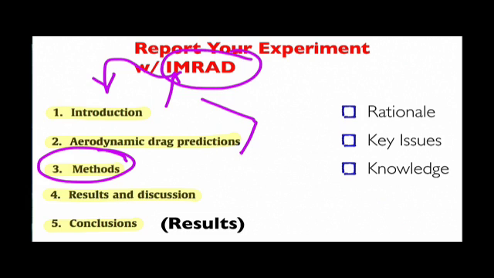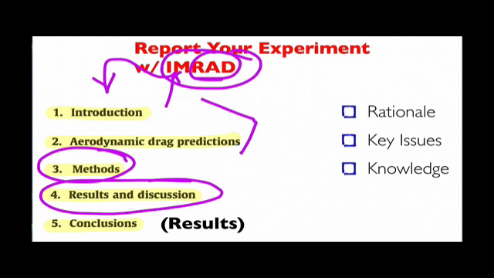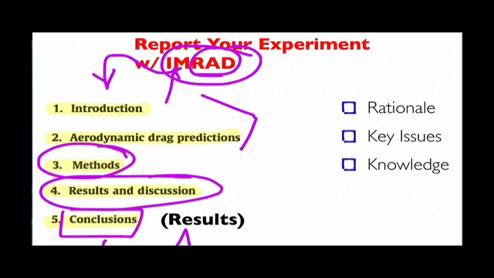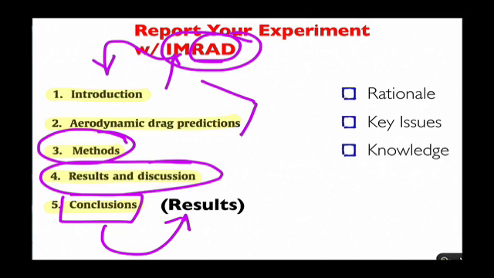Then you give your results and discussion, and you see right there results and discussion. And then you give your conclusions, the most important part, where you give the readers the results. But what you can see looking at this paper is it totally follows the IMRAD structure. And it's amazing how many good experiments you can look at and just see this structure almost line item in the section headings.